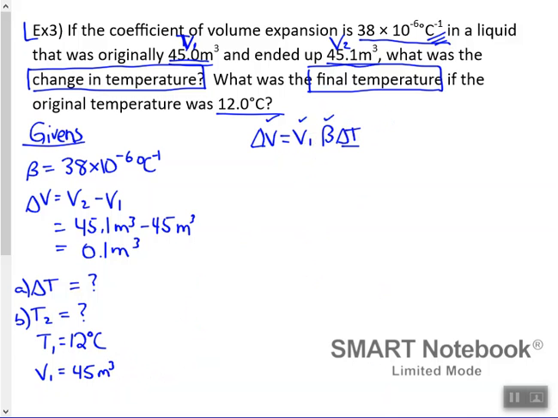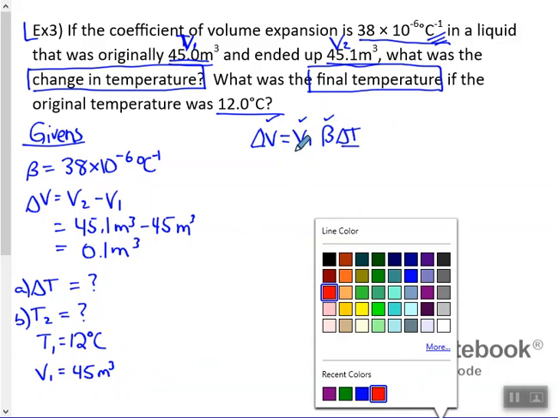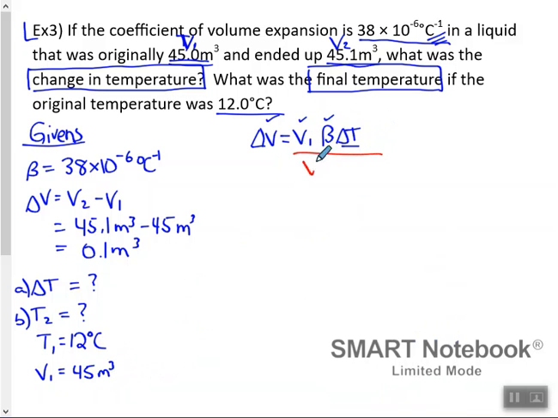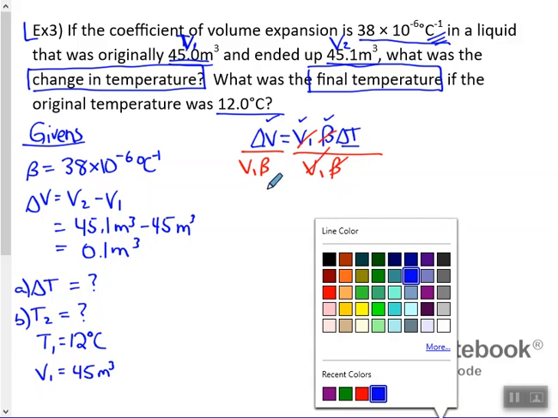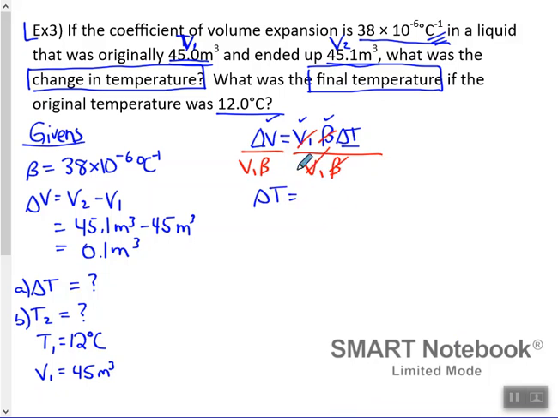So solving for delta T, it's multiplying, so divide by V1 and beta. What I do to one side, I must do to the other. So I'm left with my delta T. My change in temperature equals delta V over V1 beta.